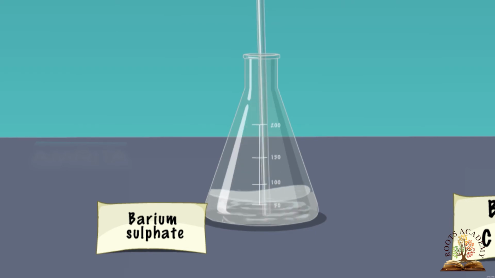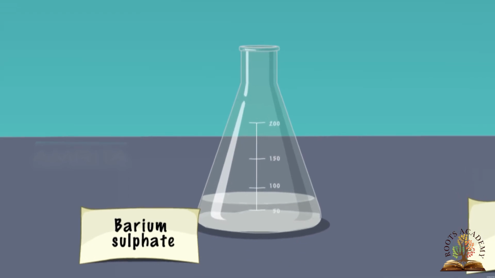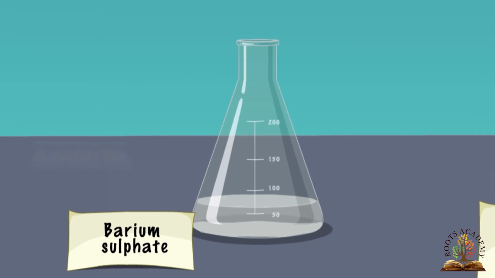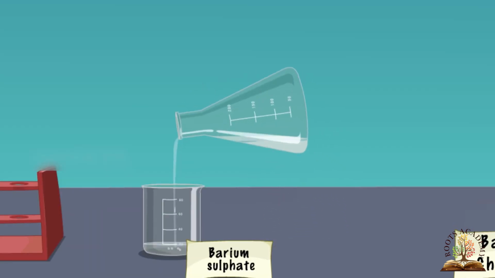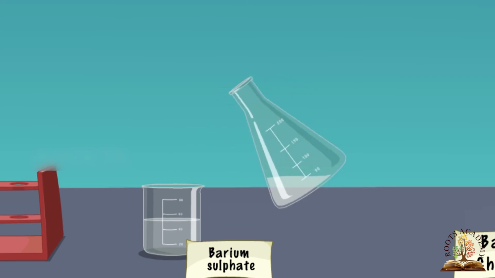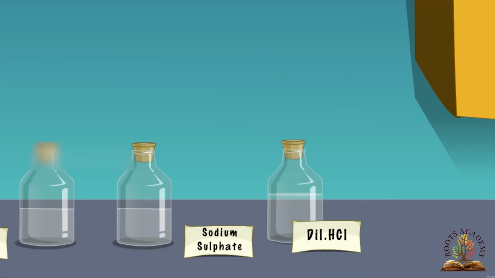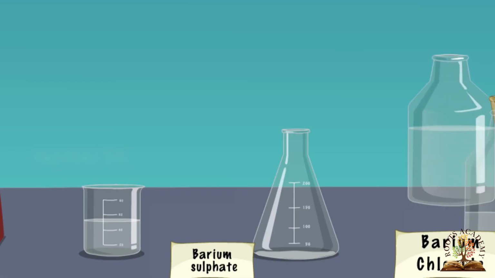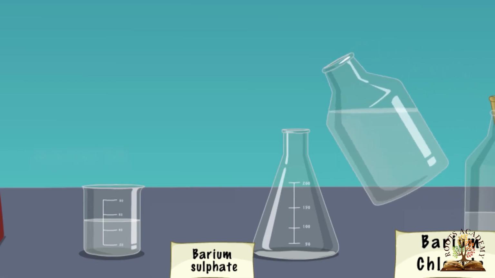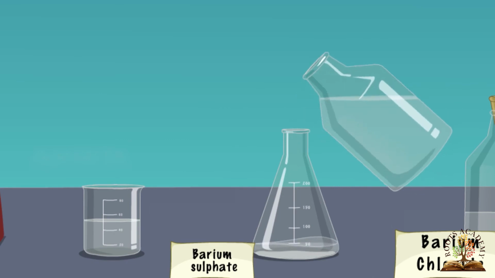Stir the contents of the conical flask and keep it undisturbed for some time. The precipitate of barium sulfate settles down. Decant the upper solution from the conical flask into a beaker. Then add a small quantity of dilute HCl into the conical flask containing the precipitate.